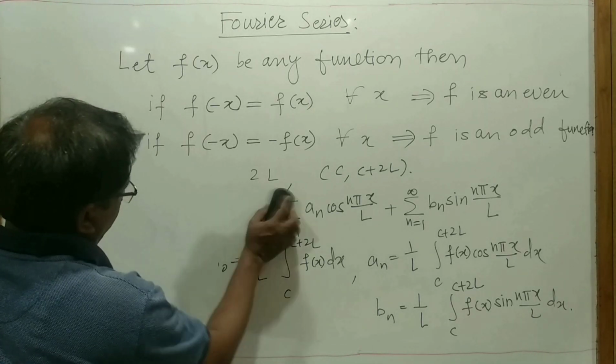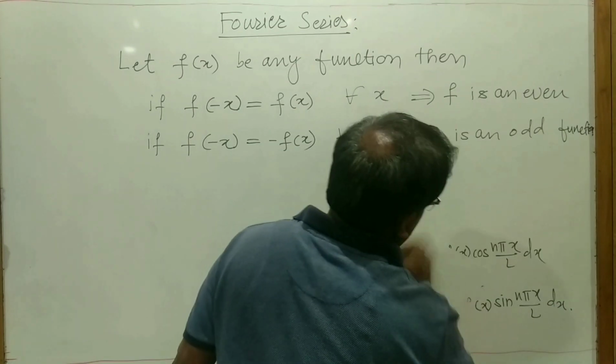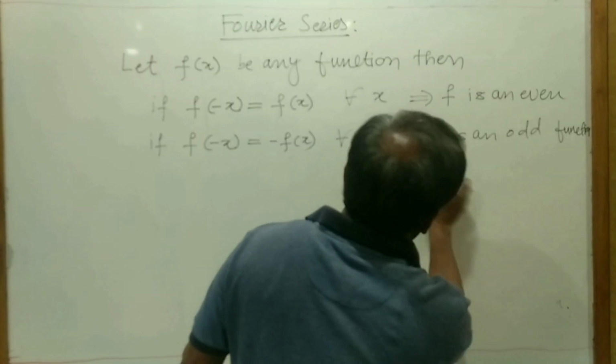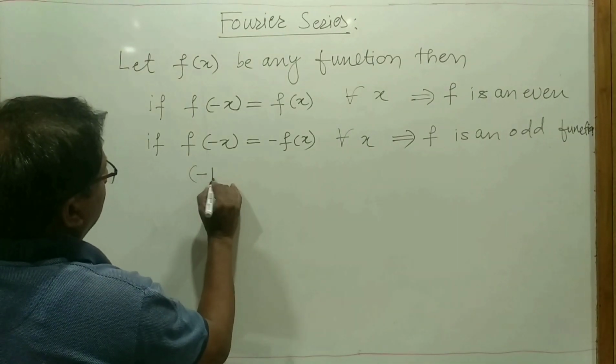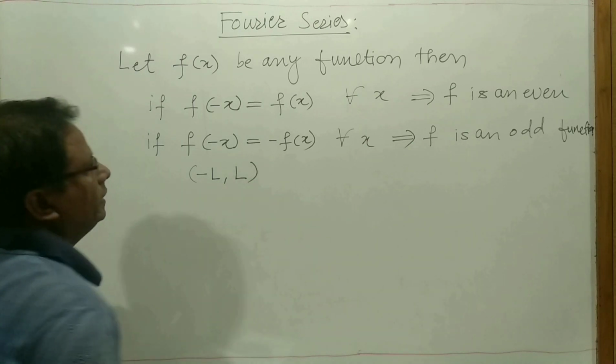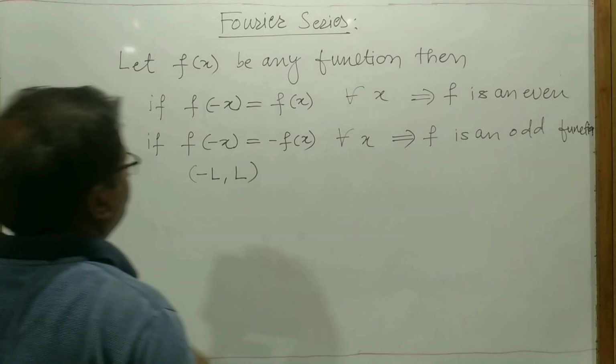Now suppose the interval of definition of f of x is minus L to plus L. That means the function f of x is a periodic function with period 2L. Then what happens?